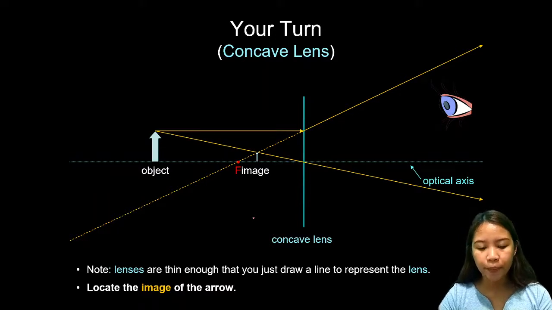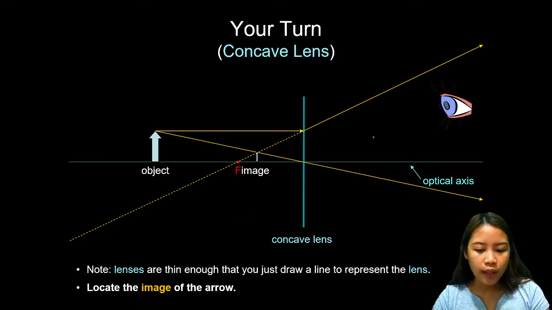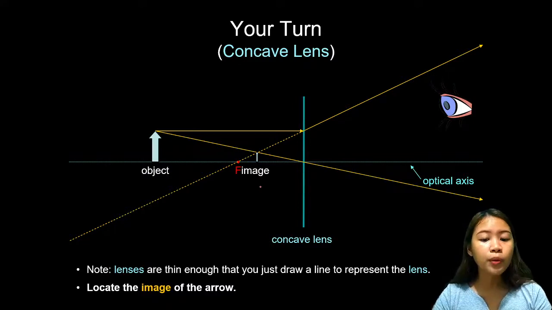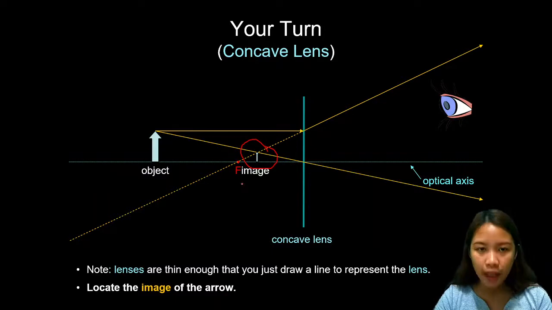Okay. So, there it is. This is for our image. We have an upright, reduced, and virtual image. So, always remember, class, I have a tip: in a concave lens, we are always forming an upright, reduced, and virtual image. So, that's for the concave lens.